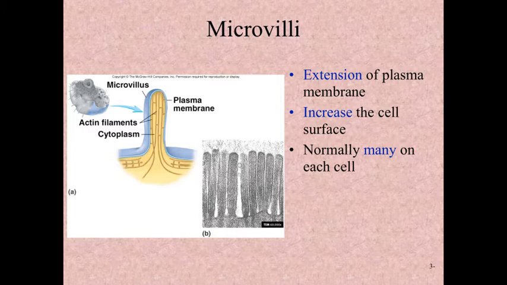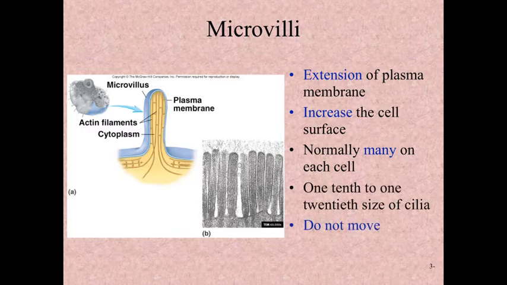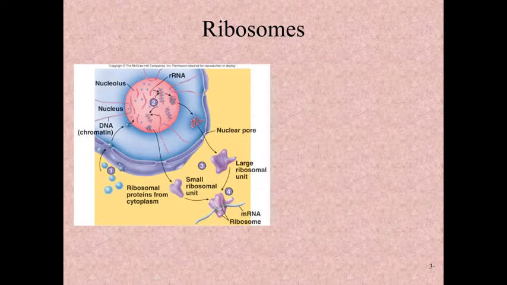By folding up the membrane like this, it increases the amount of cell surface that you have, and therefore increases the amount of digestive enzymes that you can put within a specific region. I've already mentioned that they're smaller than cilia and they do not move.